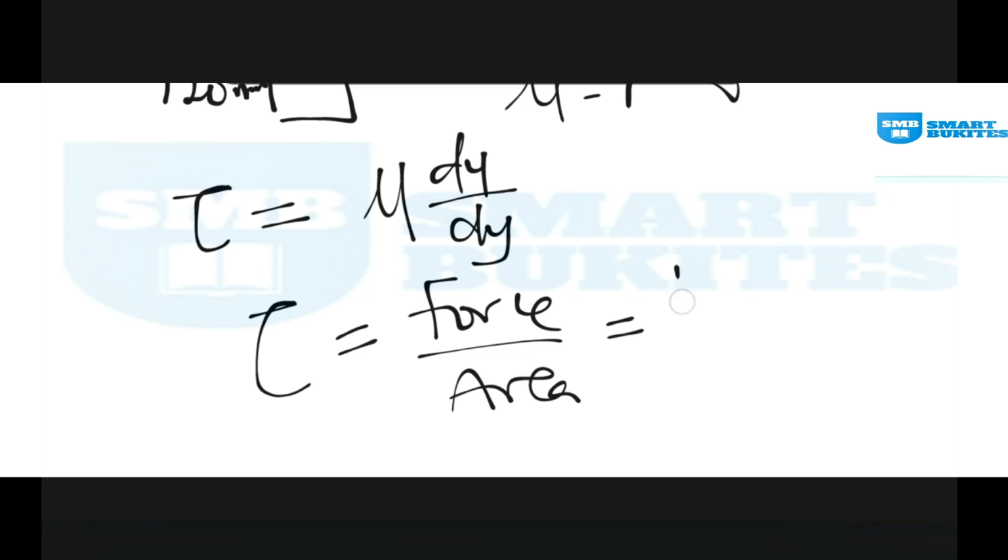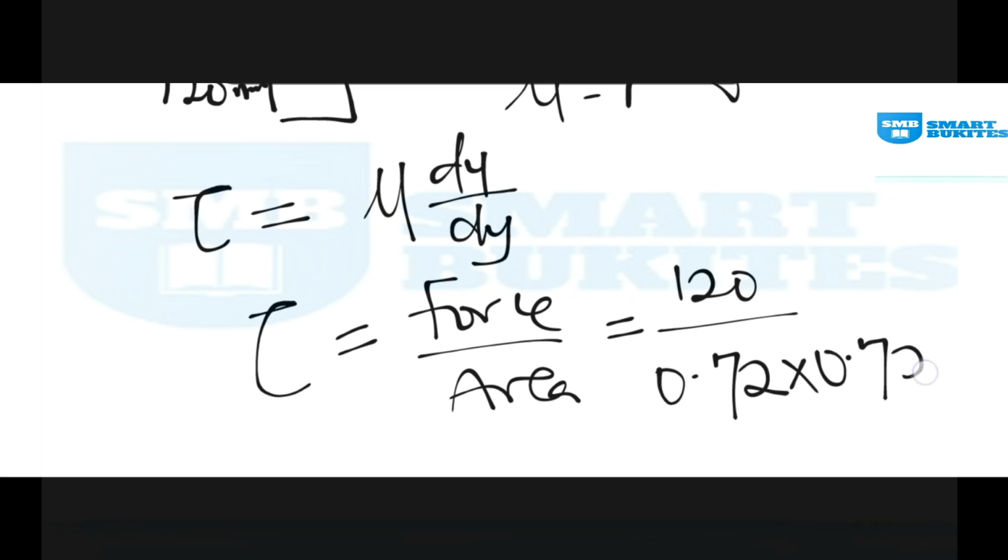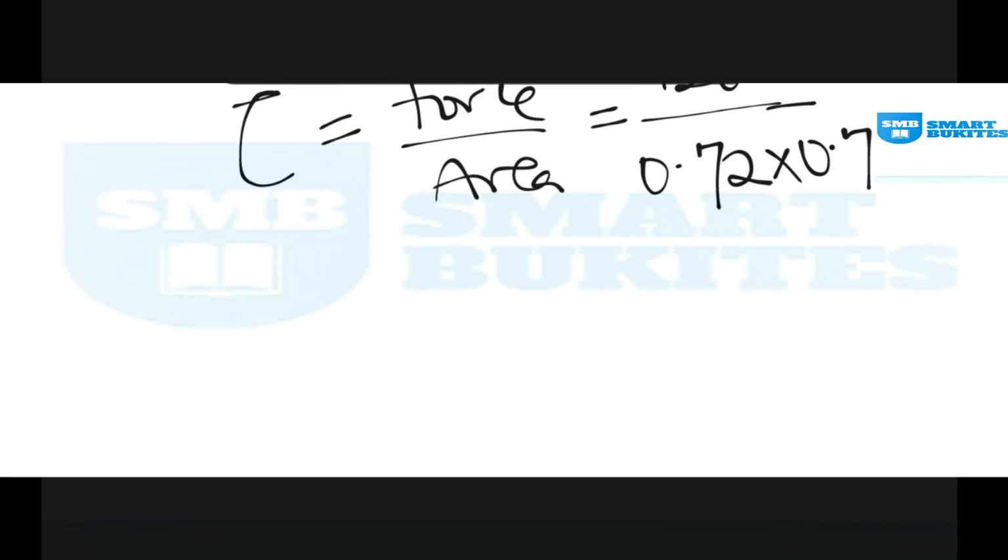Therefore, the force given is 120 Newton over the area. Area of a square is the length times the breadth, and they both have the same length of 0.72. That's 0.72 times 0.72. Calculating, you will see that the shear stress tau is going to be 231.5 Newton per meter square.